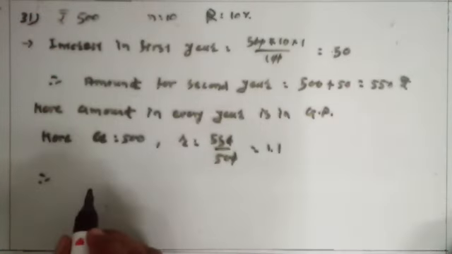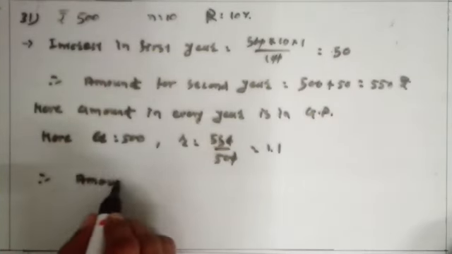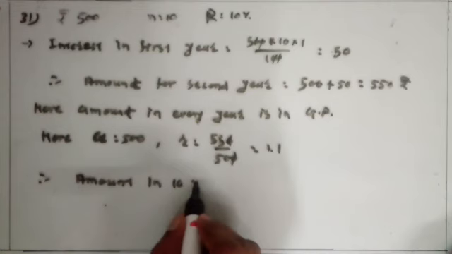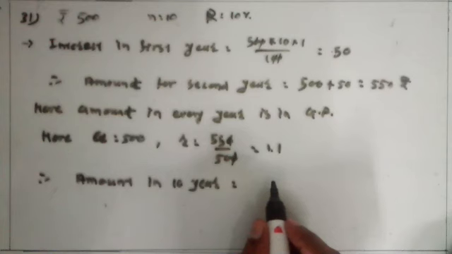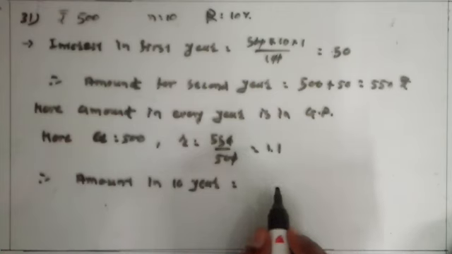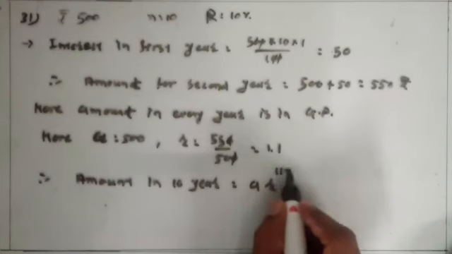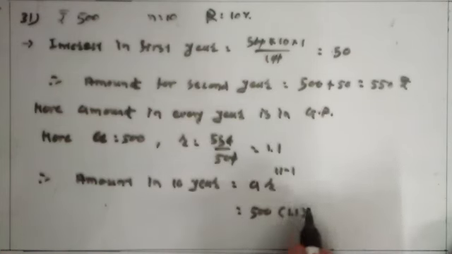Therefore the amount in 10 years is equal to the amount at the starting of the 11th year, which becomes A into R raised to 11 minus 1, where A is 500 and R is 1.1, so 500 into 1.1 raised to 10.